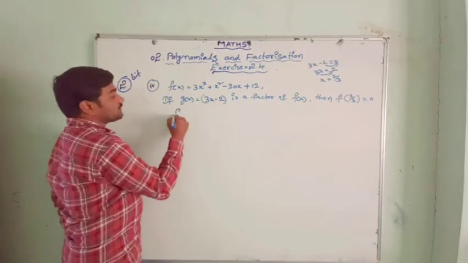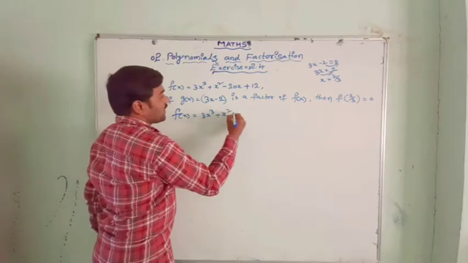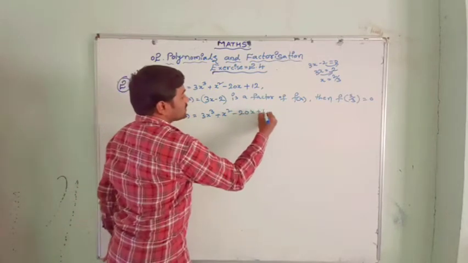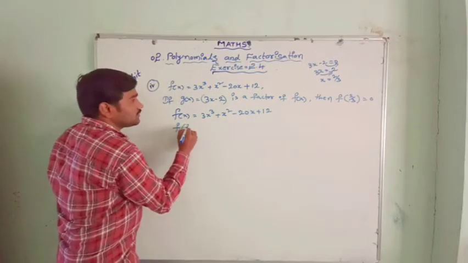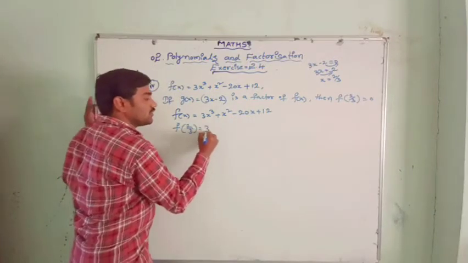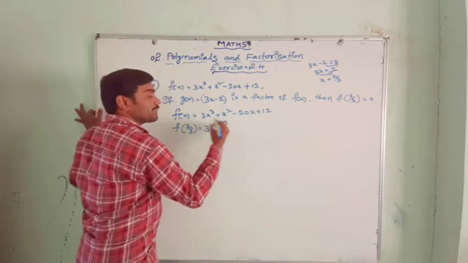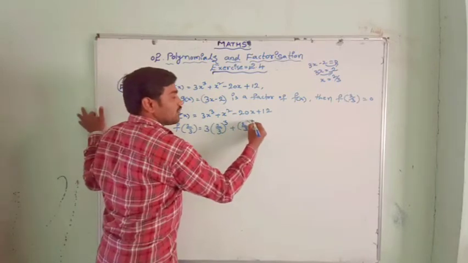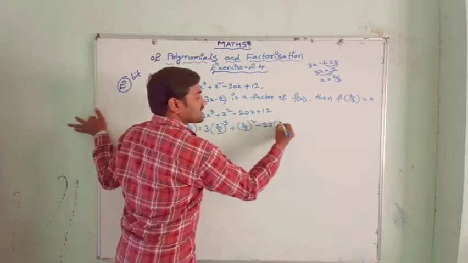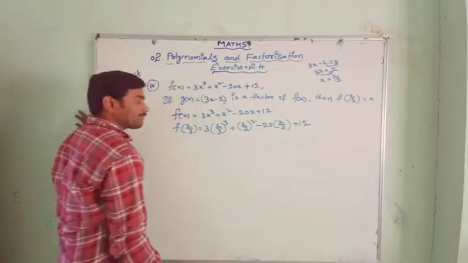So let us write f of x is 3x cube plus x square minus 20x plus 12. So f of 2 by 3 equals 3 into, in the place of x we will substitute 2 by 3, plus 2 by 3 whole square, minus 20 into 2 by 3, plus 12.